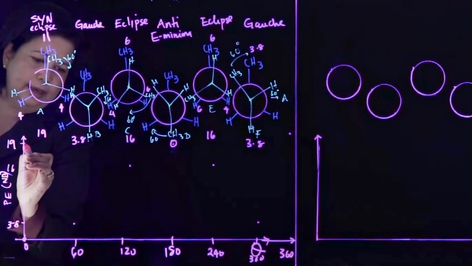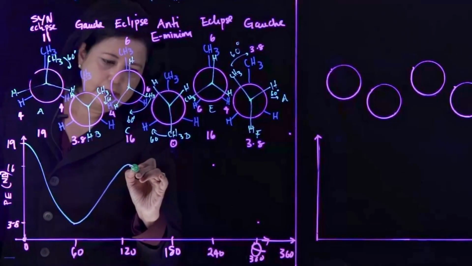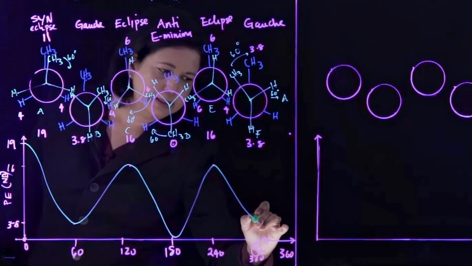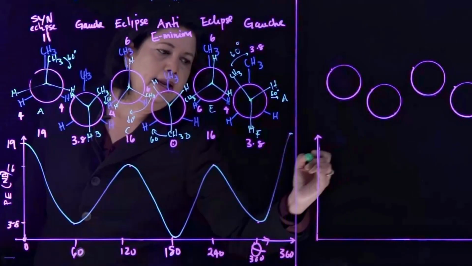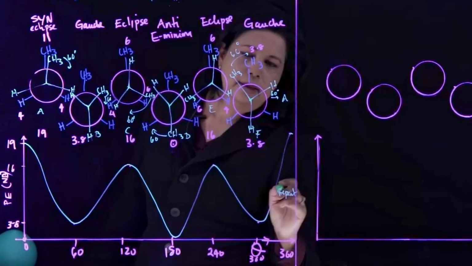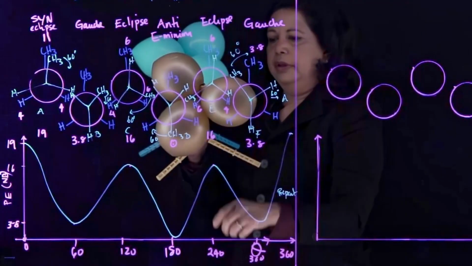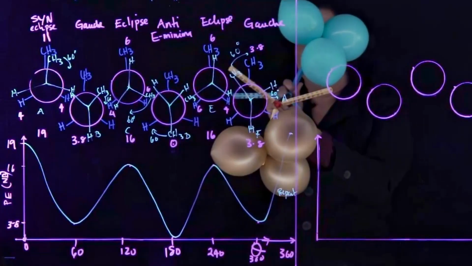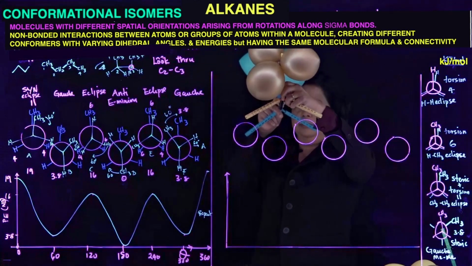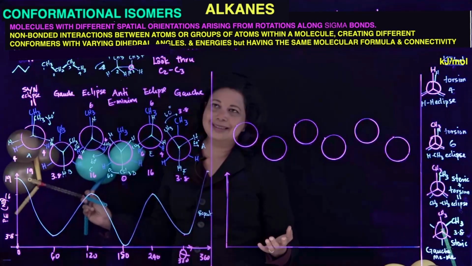So let's draw it out. Graph. So let's go up and down, vertical, and I'm just going to say repeat. That's just showing you different conformers at 60-degree increments. You can have an infinite number of conformers if you draw all of them, but we're just drawing 60-degree increments.